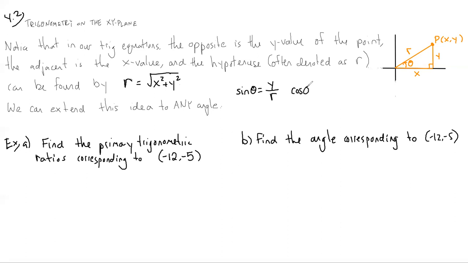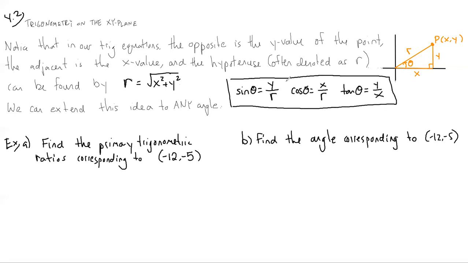Cos theta is going to be x over r, and tan theta is going to be opposite over adjacent, y over x. So we will have these nice relationships that we can use. You may like these relationships, or you might like the pictures that we're going to draw, but we have this. So this is essentially how we're going to extend everything.